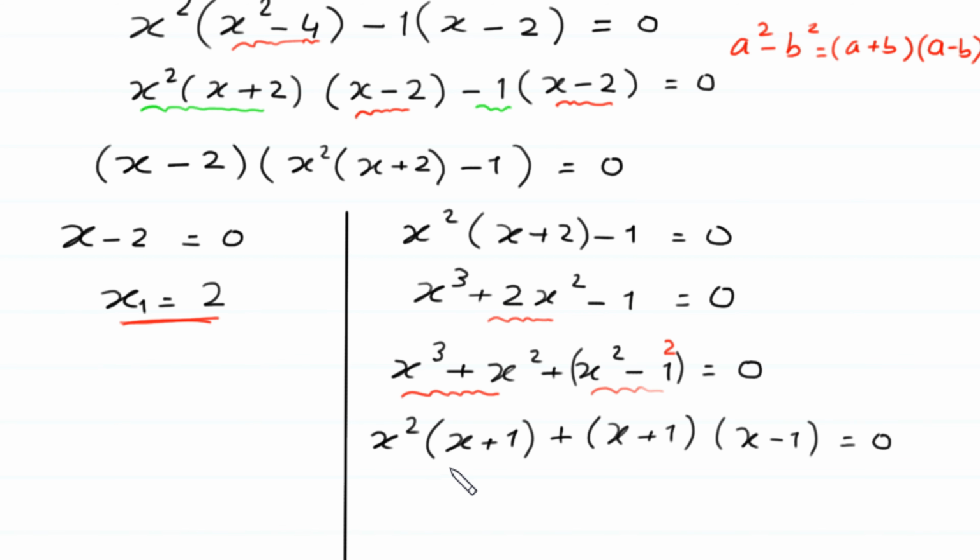So you can see that this x + 1 is a common factor. So we can factor out this x + 1. (x + 1) times, in brackets, x² + x - 1 is equal to 0.